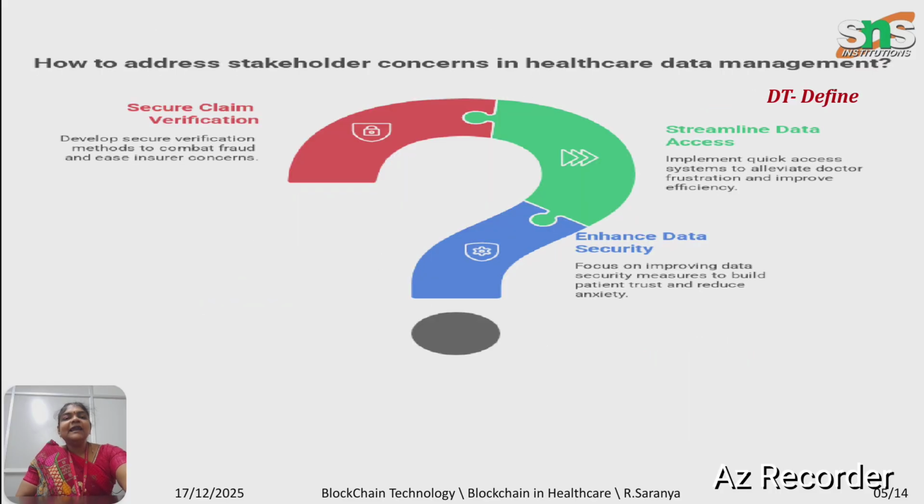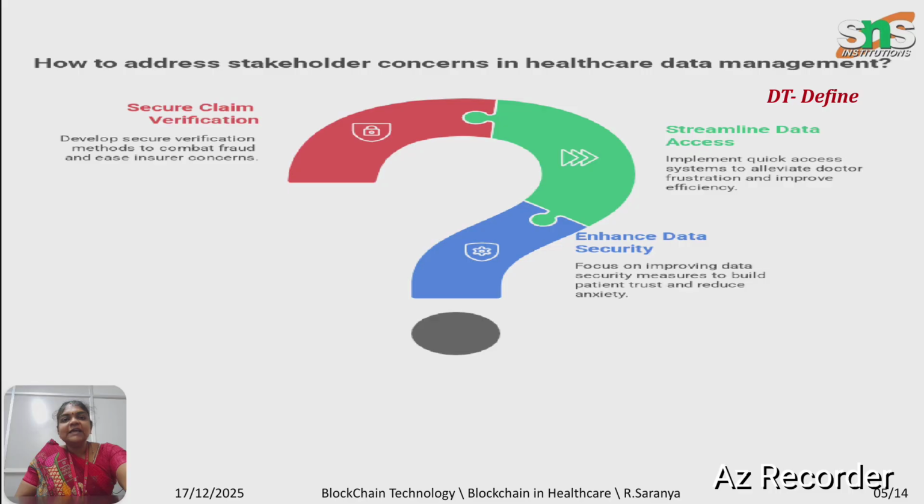How can we address these stakeholder concerns in healthcare database management? We have to go for secured claim verification, streamline the data access, and enhance the data security. By doing so, we can achieve healthcare data management to some extent.